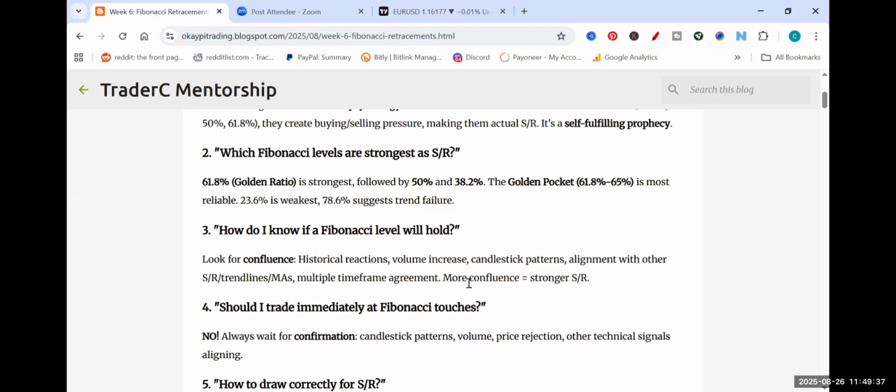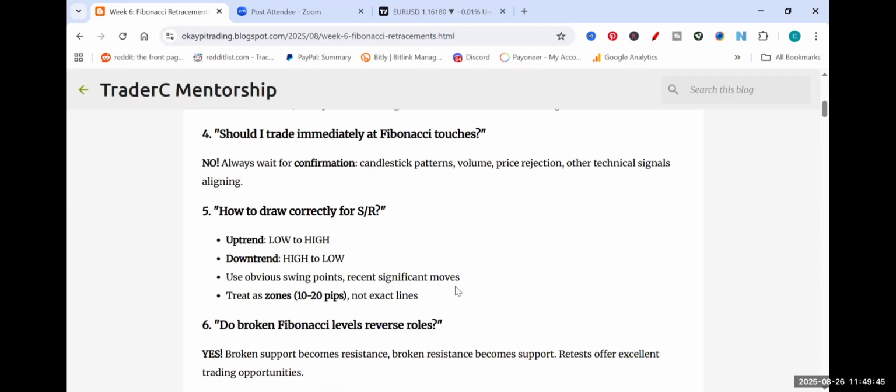All this offers us more confluence, showing that it is a stronger support and resistance level. Should I trade immediately when price touches a Fibonacci level? No, you always wait for confirmation, even with other strategies. That is candlestick patterns, volume, price rejection, and other technical signals that align.